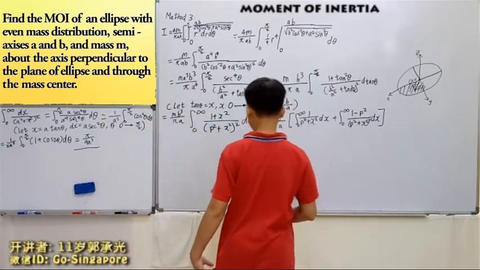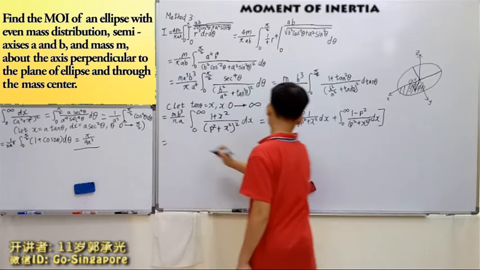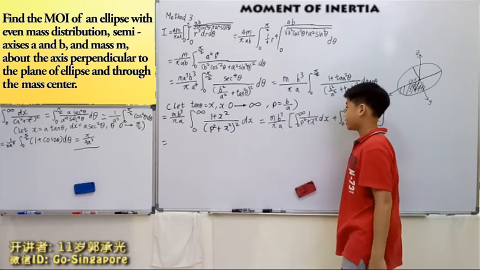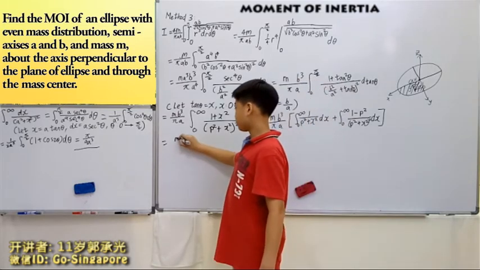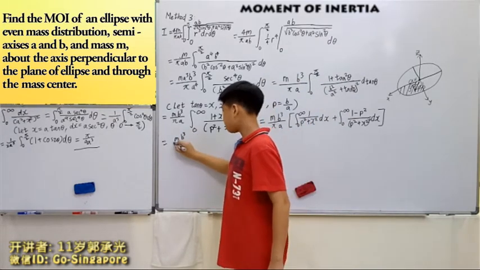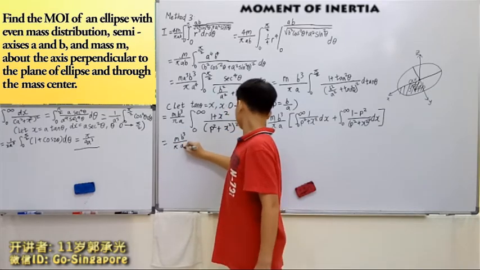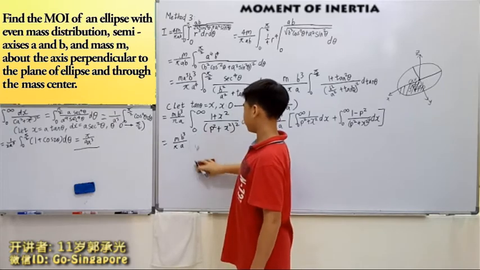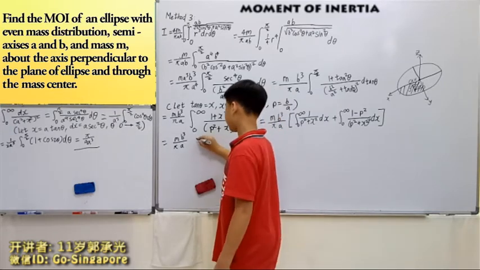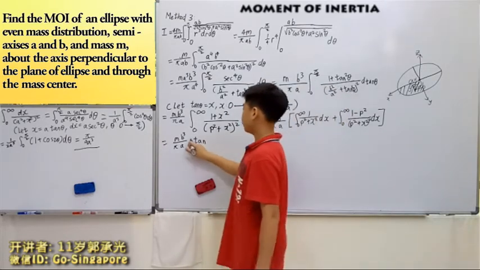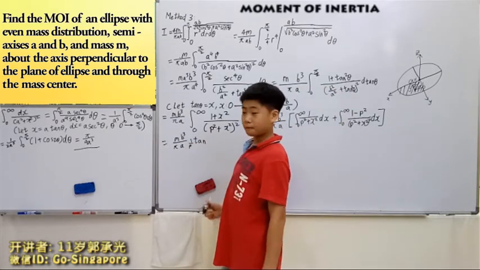This is the answer for this part. So we can put it in here right now. This part in front, change it to a tangent by using our basic formula. Wait, we already integrated. Extra p, 1 over p.